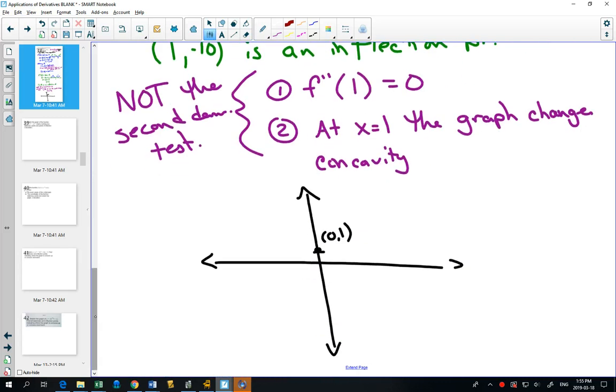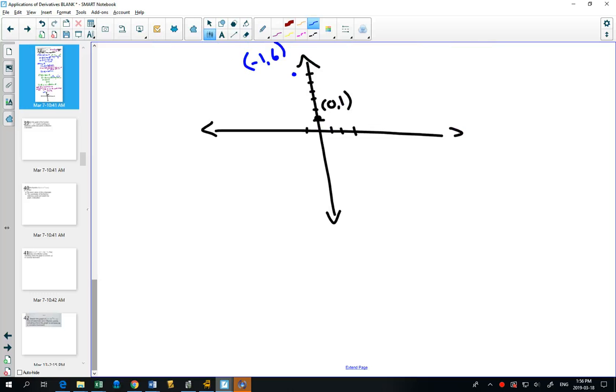So in blue, I'm going to label that point -1, 6, and then if that's 6, oh man, I should have done a different kind of scale, but I'm going to just estimate as best as I can.